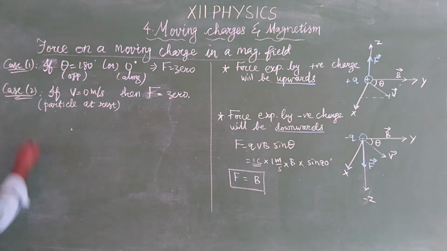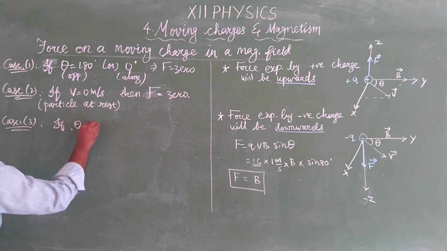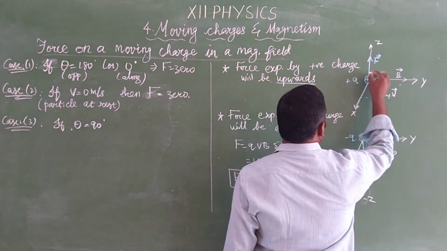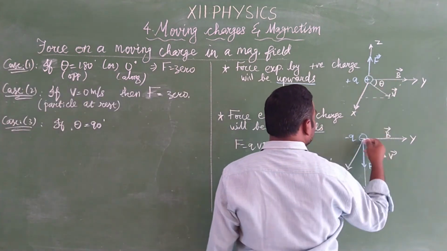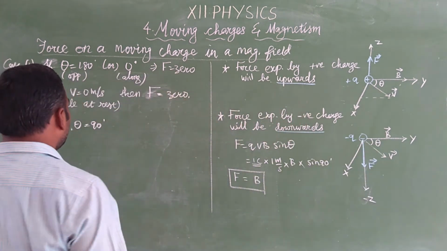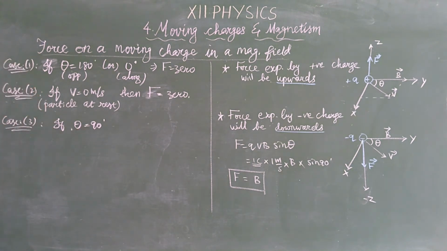Okay. So to get the maximum force, in case 3, if theta is equal to 90 degree, what is the meaning of 90 degree? From the diagram, see here also it's 90 degree, in this case also it is 90 degree. So for maximum force it may be upward or downward. The angle between the particle velocity and the applied magnetic field should be 90 degree.